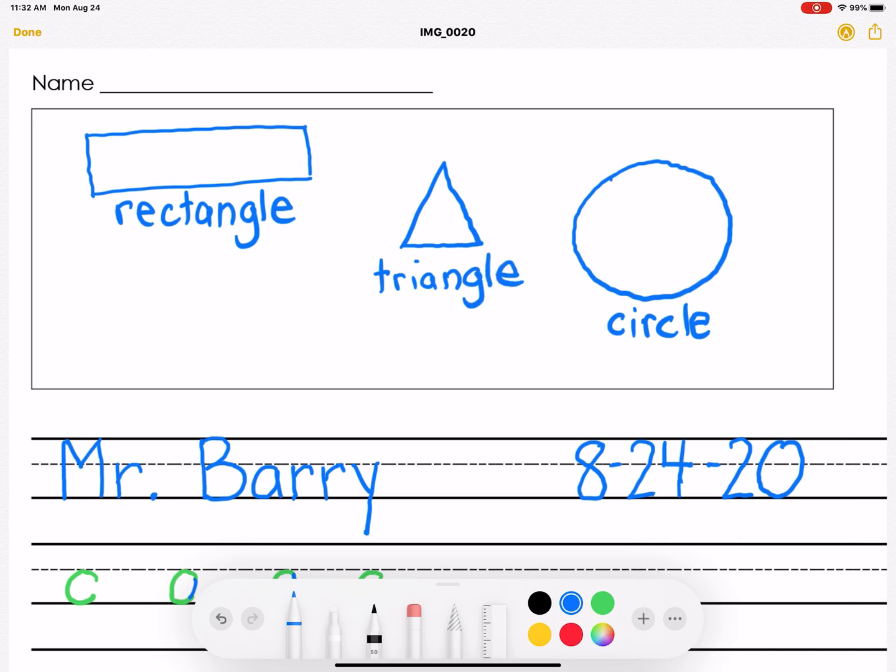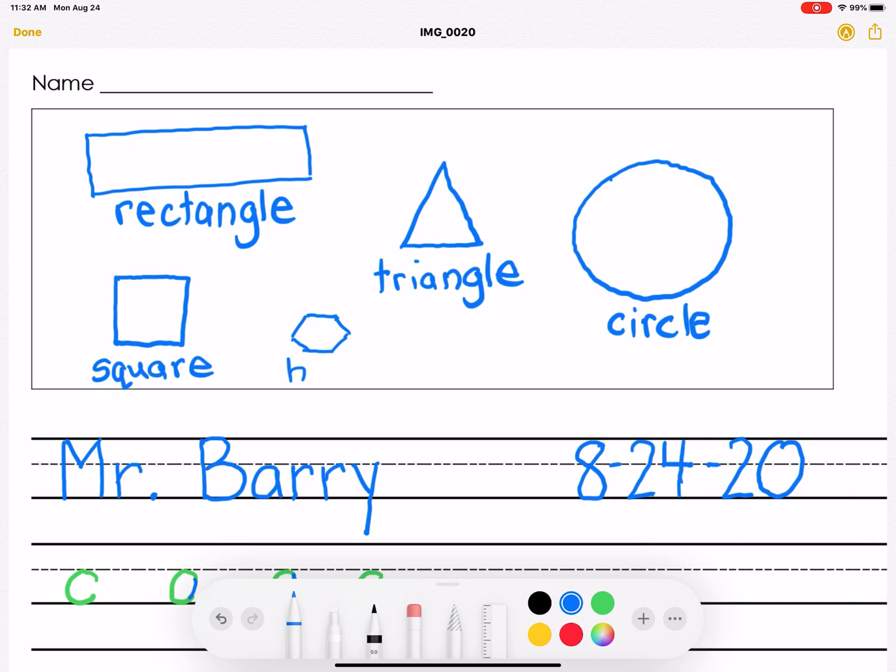Okay, there's our triangle. Next, we have a square. Practice making a square with equal sides. And go ahead and write it. Square. And finally, the hexagon. I'm going to make a hexagon, and it is challenging to draw with 6 sides.